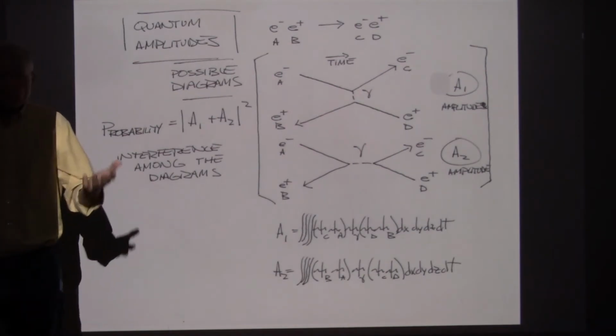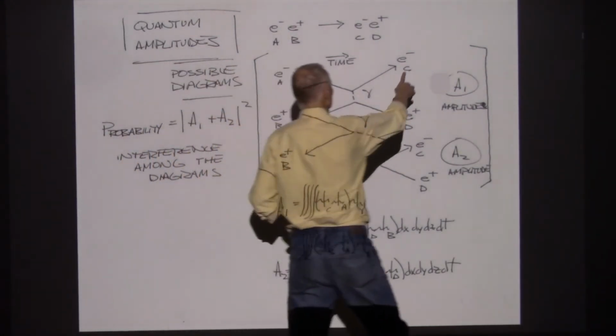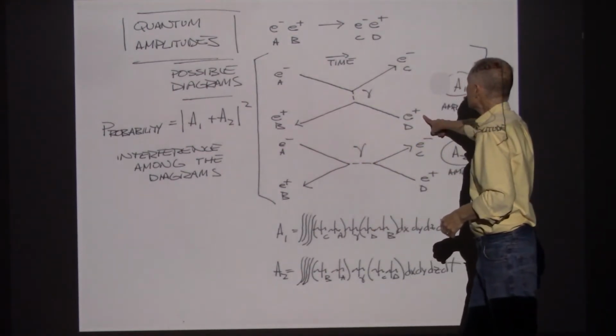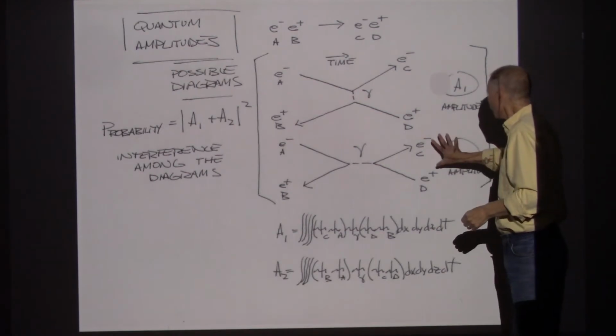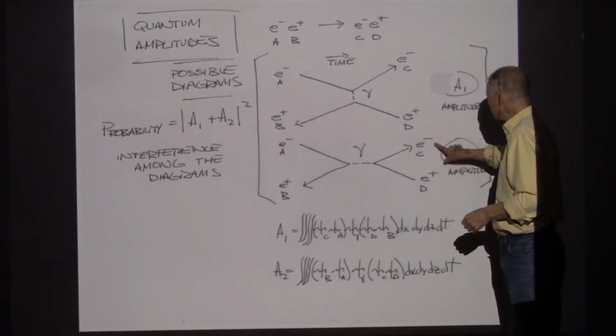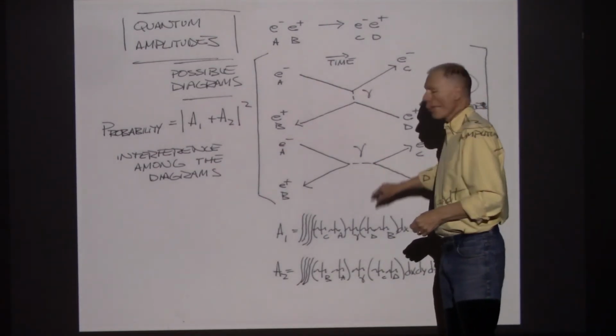So which is it? Which happened in the reaction? Are the electron and the anti-electron coming out the same particles that went in? Or is the electron and the anti-electron coming out a new particle-antiparticle pair that was formed?